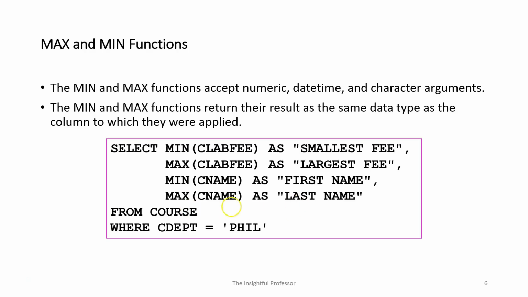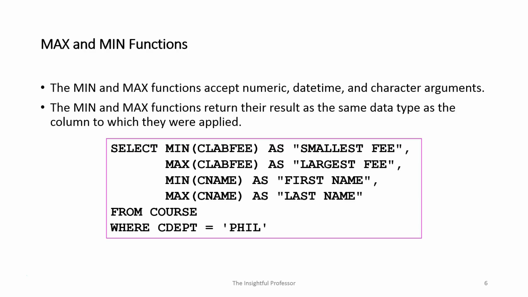Well, that's the same idea here. When you're using min and max with character data or date-time data, which is actually chronological, then thinking about it as first and last makes much more sense. So those are the labels we give here to describe the output of what those functions produce with the different data types.